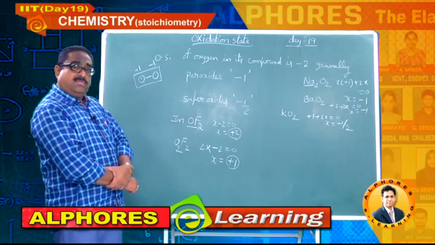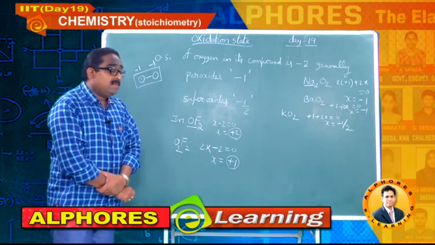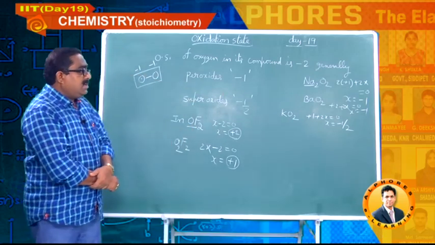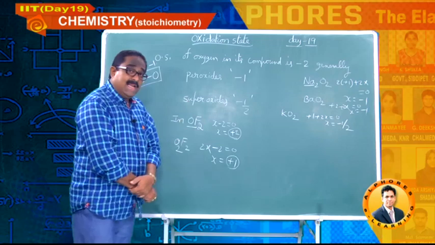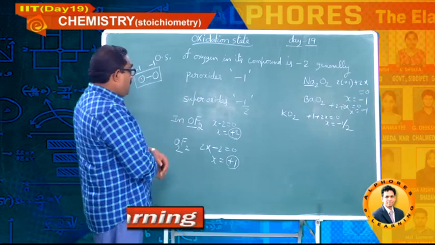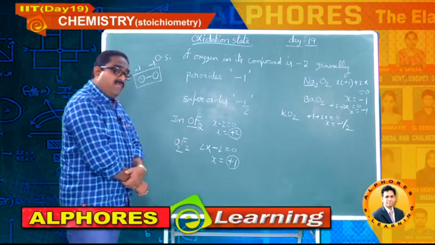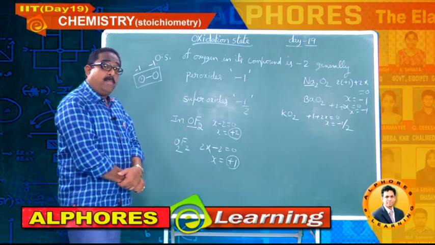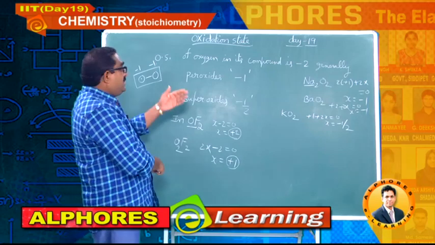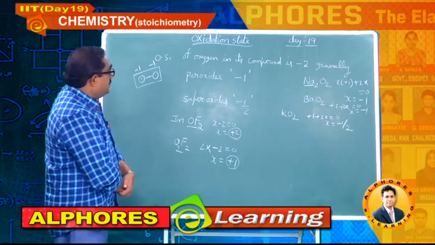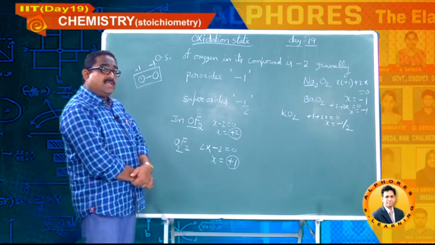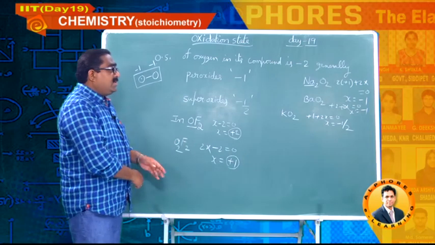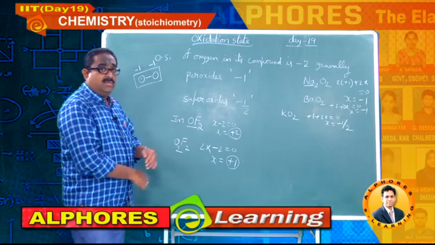Majority is minus 2 generally. In peroxides it is minus 1, in superoxides it is minus a half, whereas in OF2, oxygen difluoride, it is plus 2, and in O2F2 it is plus 1. So this is the detailed explanation about the different oxidation states of oxygen in its compounds. Please note it down and then I will go for the next rule.